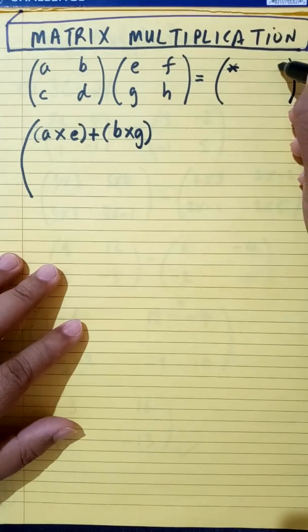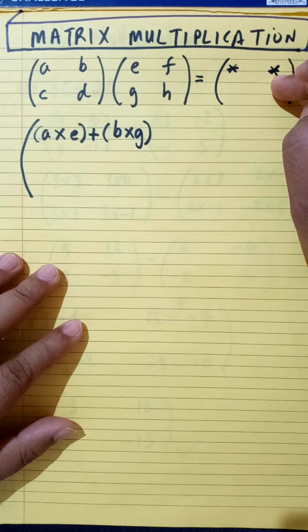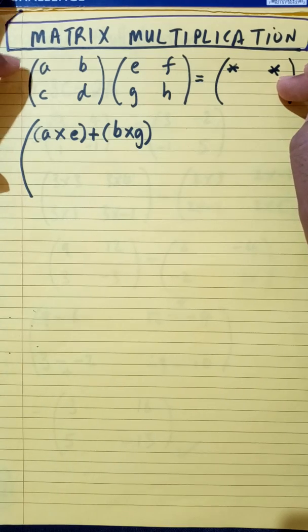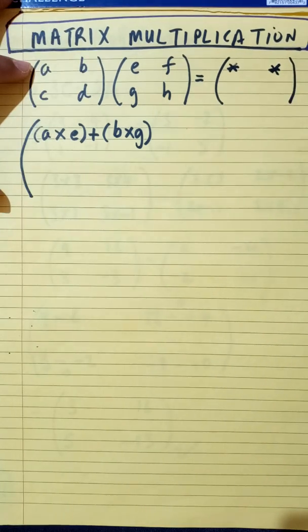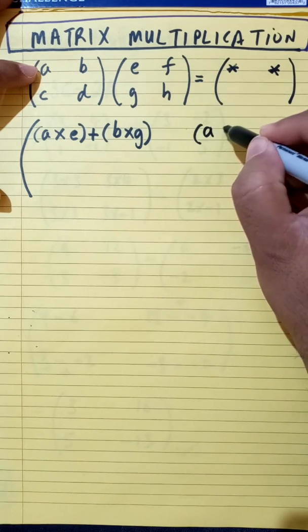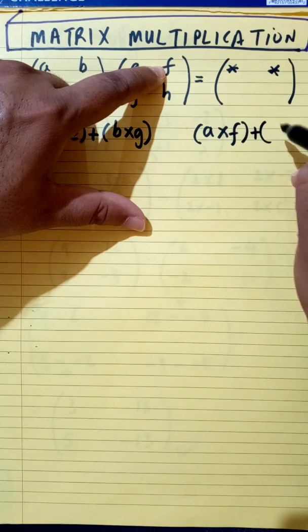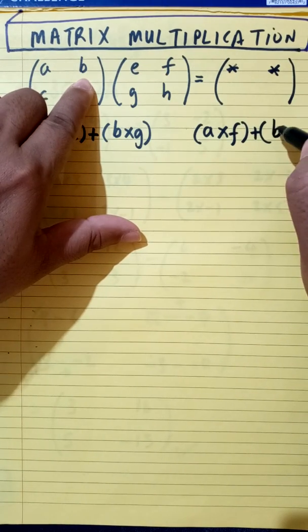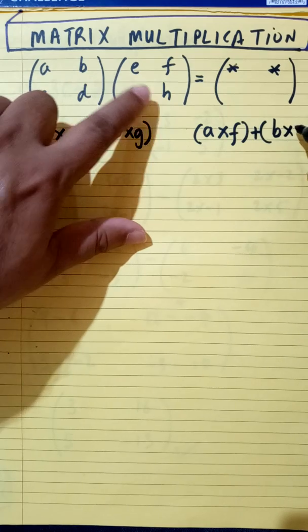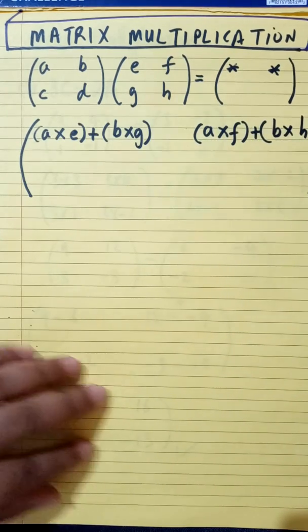Let me show you how to work out this element. This element is found in the first row of the second column. So we're going to still use the same row, the first row. So it's going to be A multiplied by F plus B multiplied by what? H.